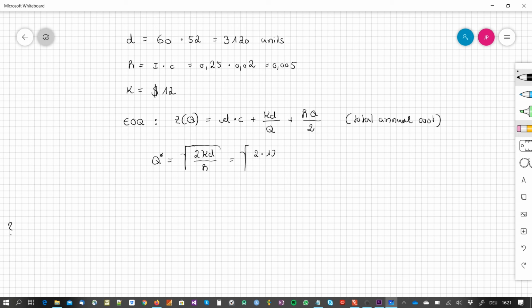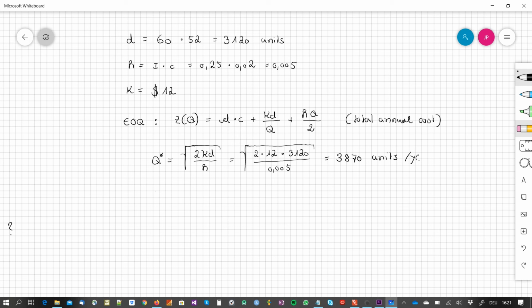So 2 times $12 multiplied by our yearly demand, and this divided by our inventory holding cost factor, and then take the square root and this is 3,870 units per year.